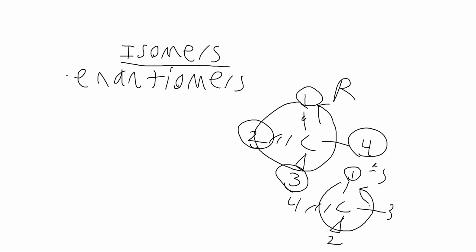I would just recommend sticking to rotating around the bond. I don't have models I can show you guys, but I'm hoping you understand that I'm just taking this bond here and rotating in this direction. So 4 goes over here, 2 goes over here, and 3 goes over here.